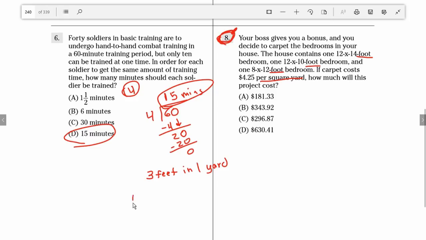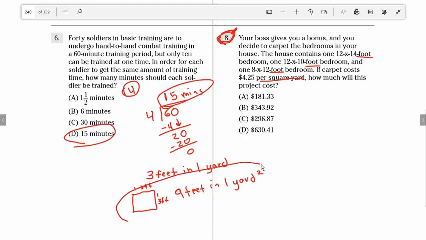So again, think about it this way. A square yard looks like this. Length times width are side by side. Again, we know this can be 1 yard or 3 feet, and 1 yard or 3 feet. 3 times 3 is 9. So given this, we know there are 9 feet in 1 yard squared. Okay?